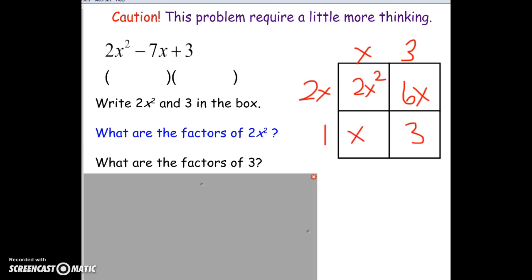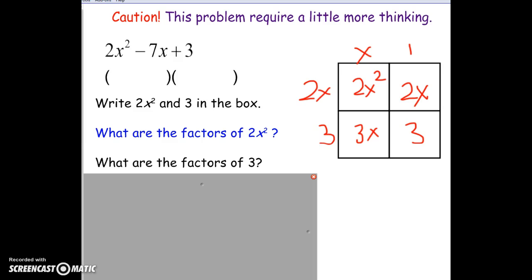So maybe I need to switch them. Maybe it's a 1 here and a 3 here. So if I do that, I have 3x and I have 2x. Well, that doesn't equal 7, so that's not right.